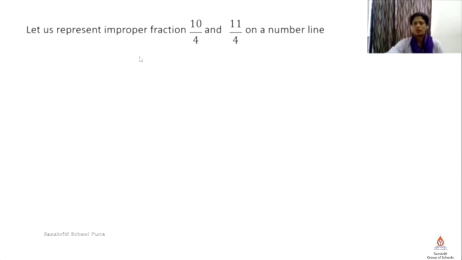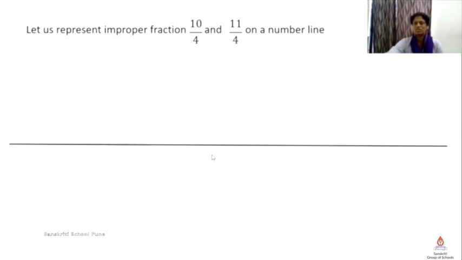Another example for you, but this time the improper fractions are 10 upon 4 and 11 upon 4. So we draw a straight line, mark 4 points. Now, the denominator is 4, so we have to divide the distance into 4 equal parts. Let's start plotting. Now, 1 is 4 upon 4 here.